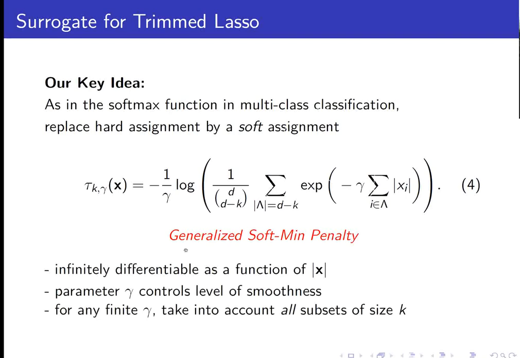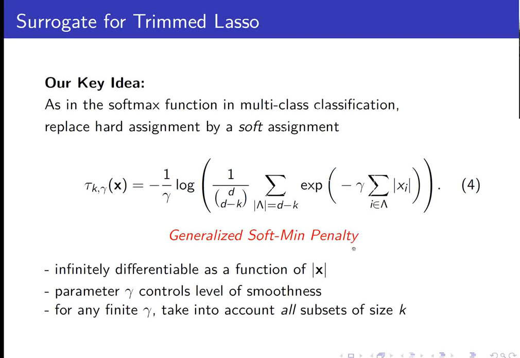First of all, it's infinitely differentiable as a function of the absolute value of x, which is a good thing. The parameter gamma controls how smooth it is. We'll show that explicitly in a minute. And importantly, for any finite value of gamma, this sum takes into account all possible subsets of size k. So you're not tied to any specific subset, and this is important during the optimization process.